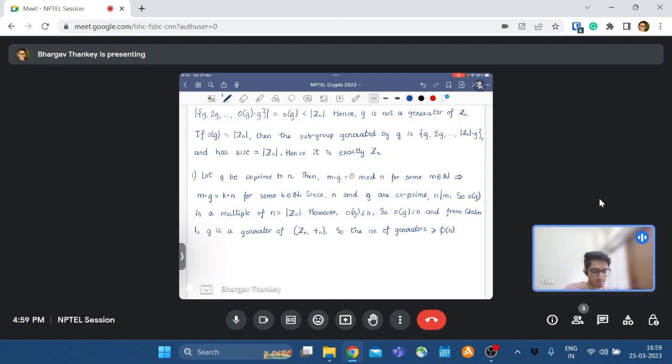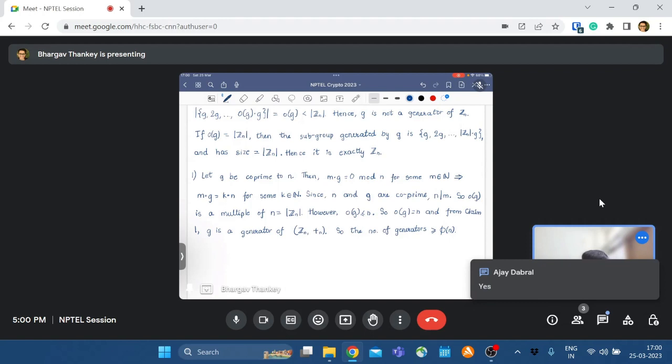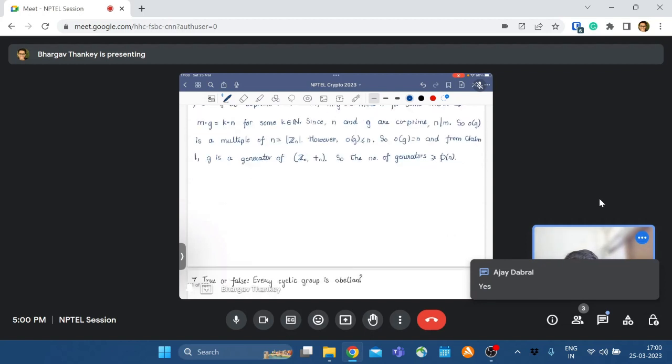And since the number of coprime numbers is exactly phi of n, the number of generators is at least phi of n, right? So is this part fine? Yeah. So then let's look at the second.